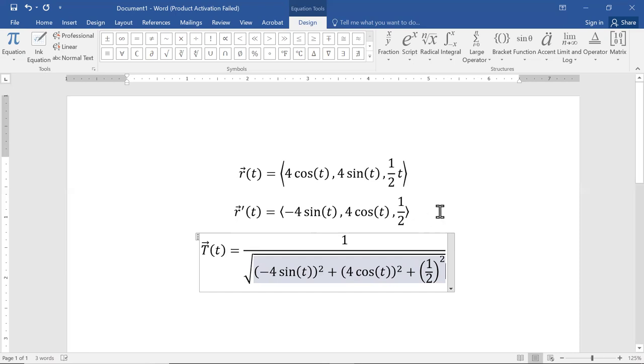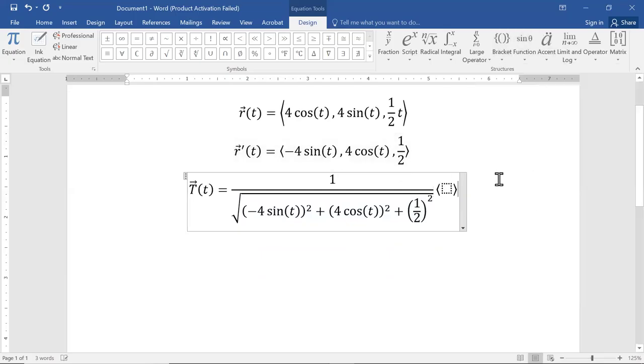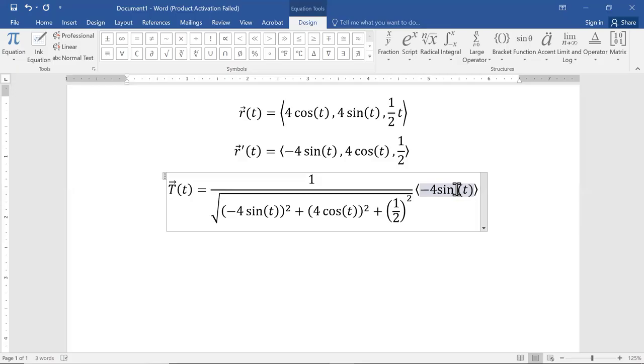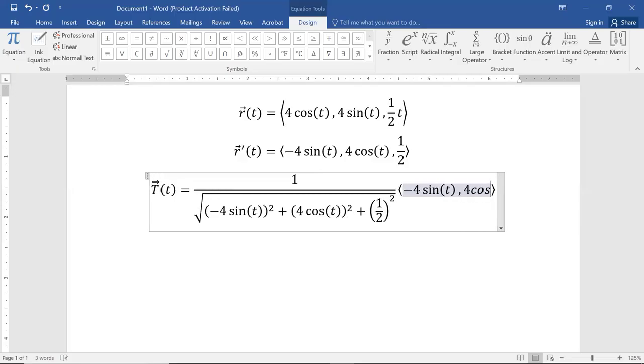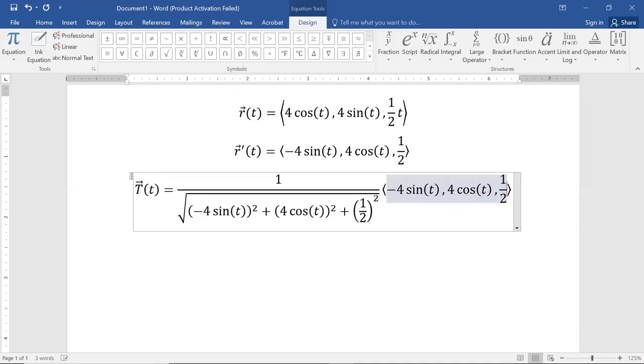So that's my magnitude. And then I'm going to multiply by the actual derivative vector itself. And there we go.